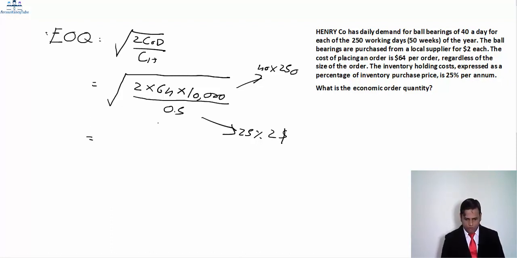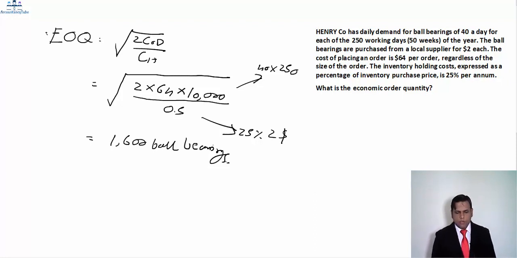Now computing all this will give you 1600 ball bearings, and that is your economic order quantity. That is the order you need to place to keep the holding cost and ordering cost at the lowest level.